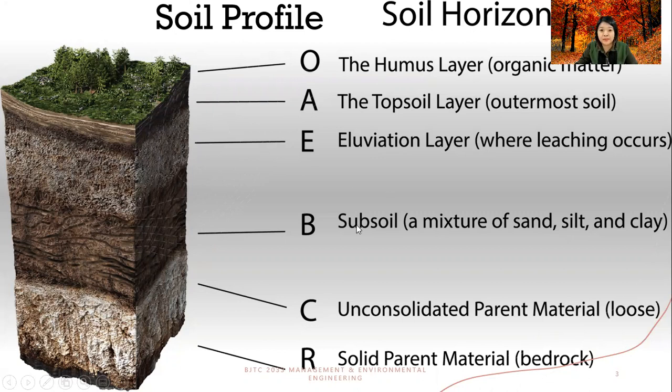And then we have the subsoil, a mixture of sand, silt, and clay, unconsolidated parent material, which is a loose layer. And then finally, we have the bedrock, which is a solid parent material. Usually, if you are a construction student, I'm sure you know what piling is.